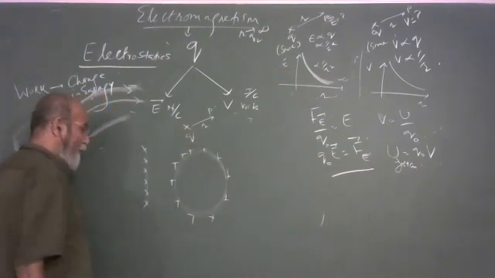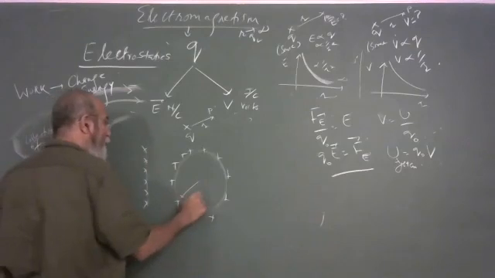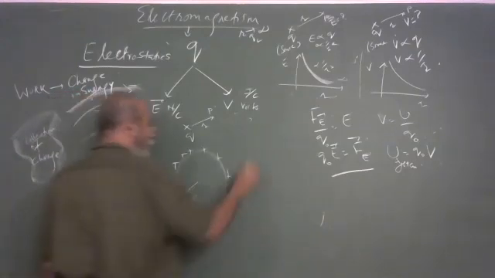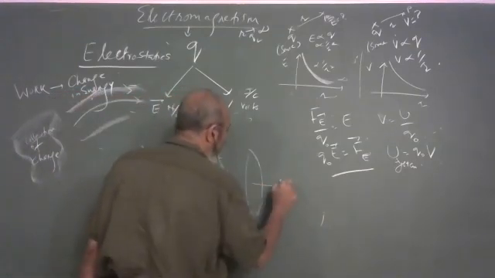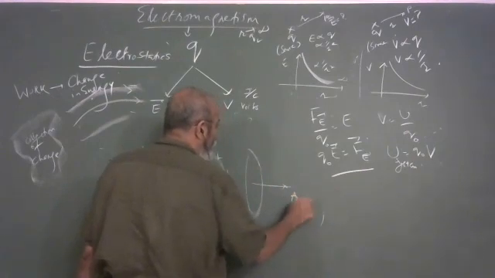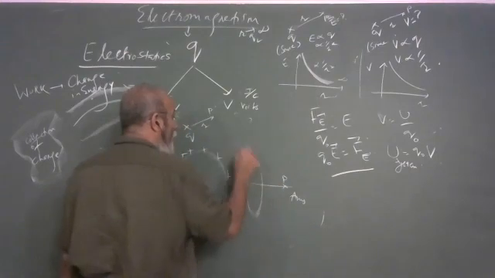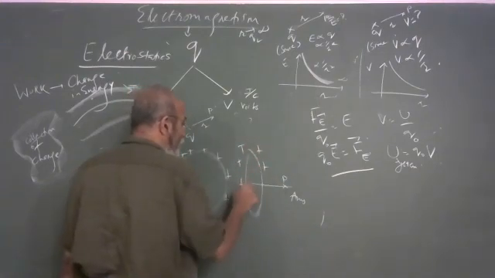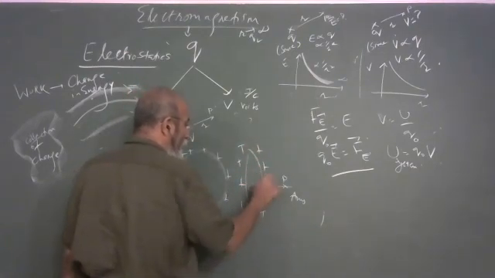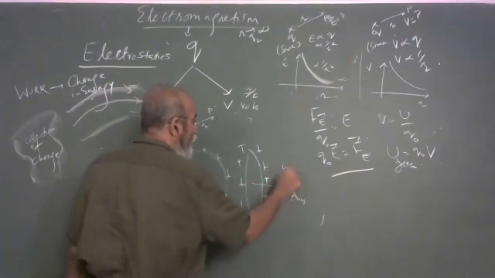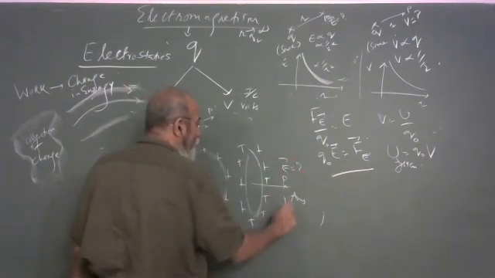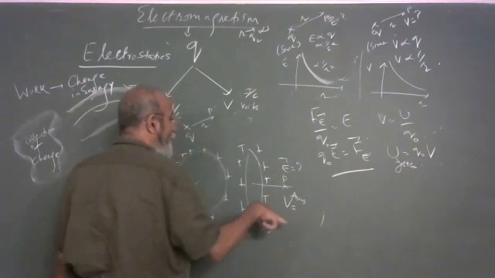It could be negative. Then if I stand on the axis of the loop at point P, the field point, because of this collection of charge, what is the electric field here? What is the potential here?